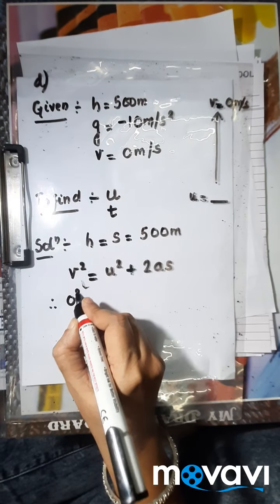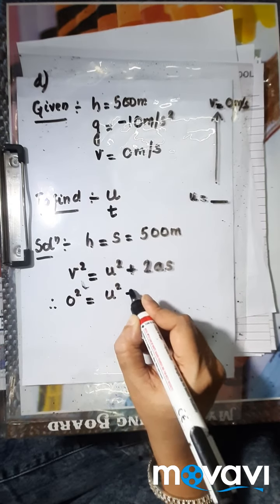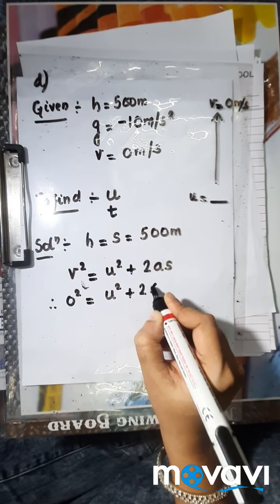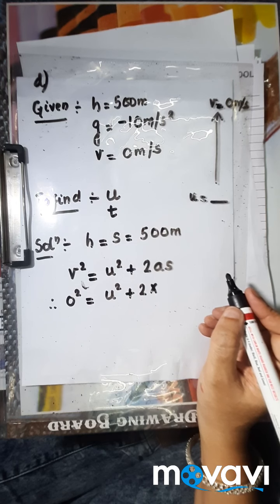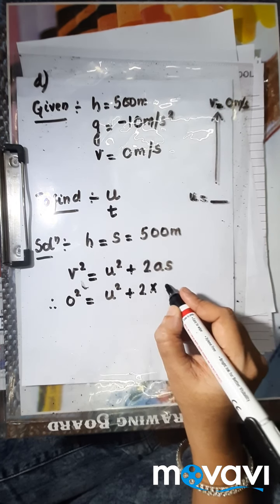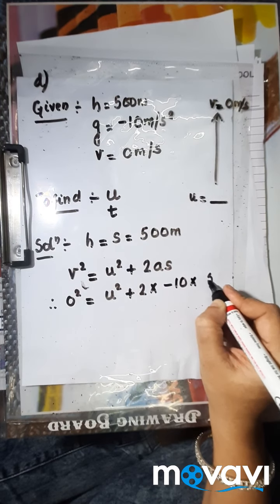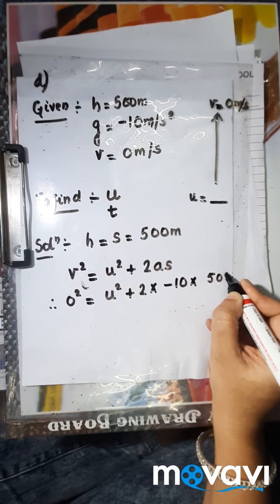Therefore 0 square is equal to u square, which I have to find out, plus 2 multiplied by a. How much is a? A is minus 10 and s is 500.